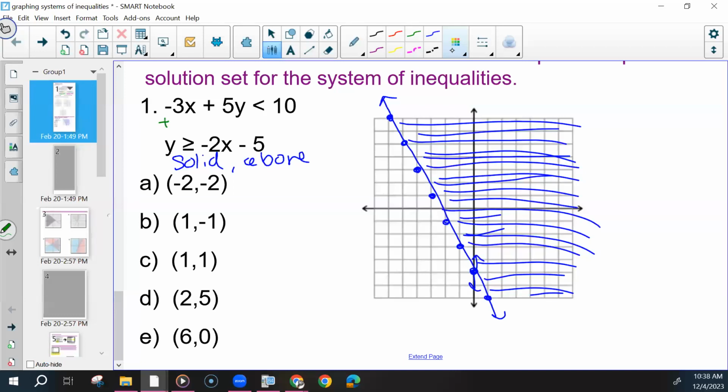So add 3x. Add 3x to both sides. Start to put it in the right order. What's our last step to get y by itself? Divide everything by 5.